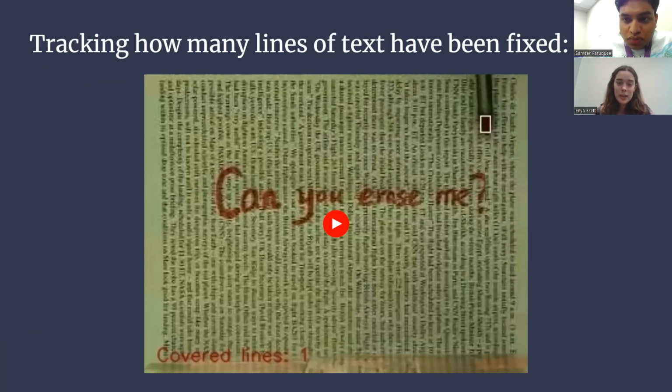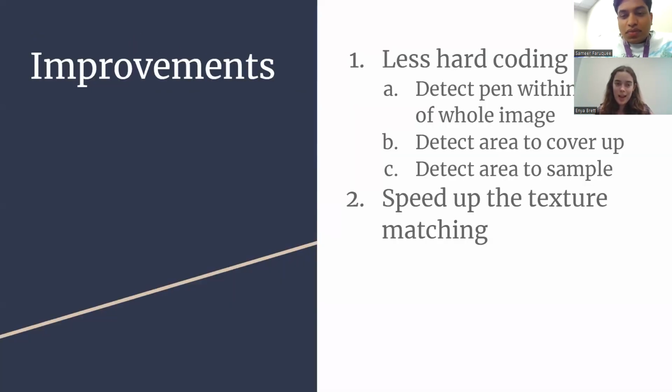So things we want to improve upon, first of all, less hard coding. In order to detect the pen, we had to look above a certain part of the image. So instead of doing this, it might be better to just threshold the red and then try to search for a region that was rectangular shaped or circular shaped or whatever the tip of the pen looked like, or even just something of the right size instead of having to hard code to look above the rest of the text.